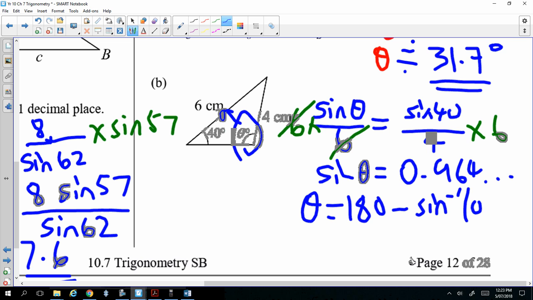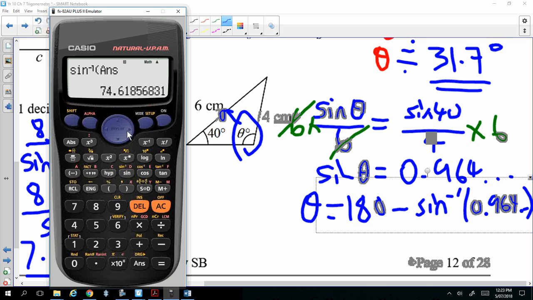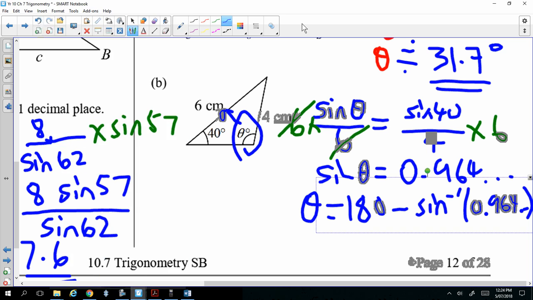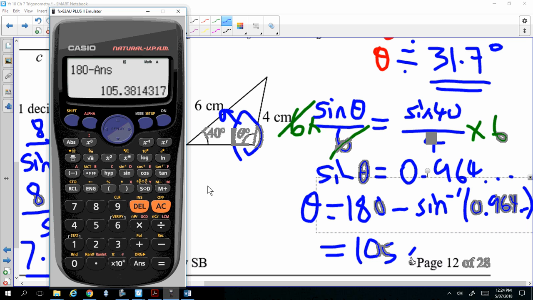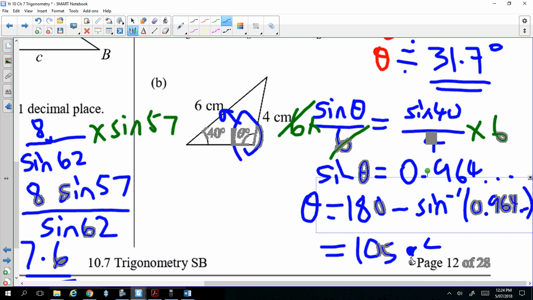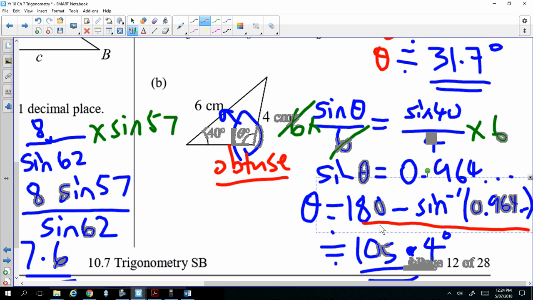So using your calculator, you do 180 minus the answer you just got, 105.4 degrees. Okay, so that's what you do when it is an obtuse angle. Remember to do this step. So that's a special thing you have to remember. Otherwise, you just do it normally.